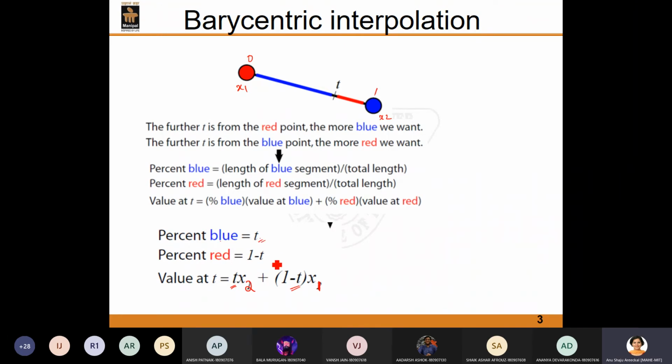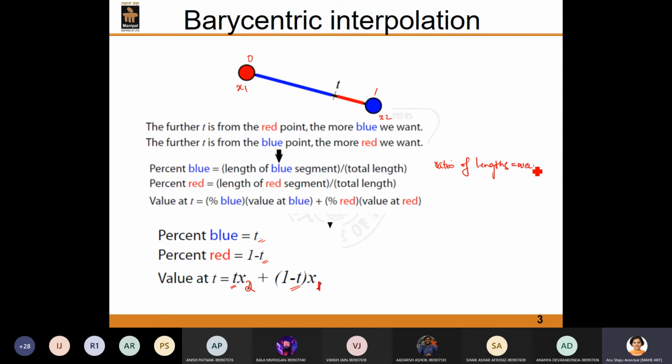So how do we come up with this t and 1 minus t? Basically what you're doing is finding the length of the blue segment divided by the total length, that would give me the percentage blue, and the percent red is basically the length of the red segment divided by the total length. Basically you're taking the ratio of lengths as the weights.